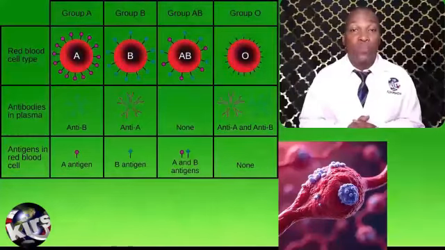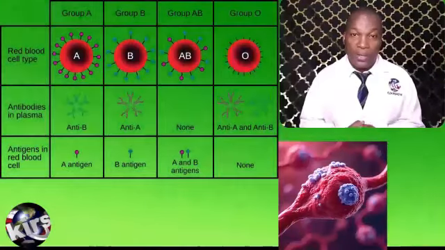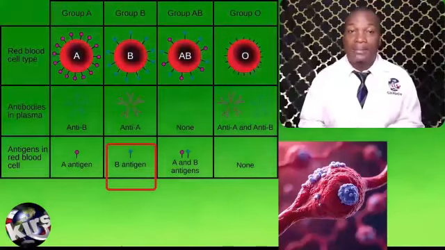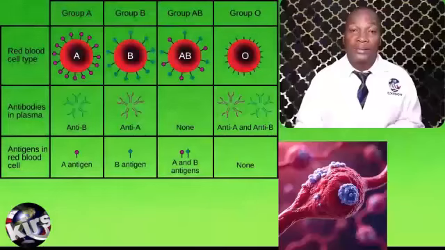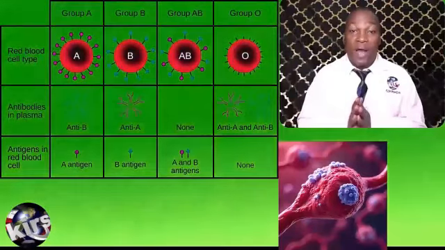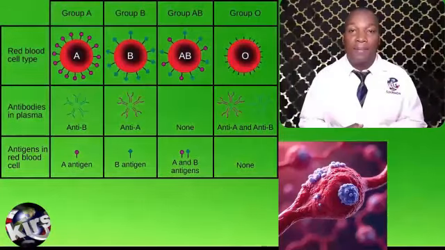Basically, we have two main antigens in the ABO system. We have the A antigen and the B antigen. And here is how it works. We plainly say that if you have A antigens, then you have type A blood.